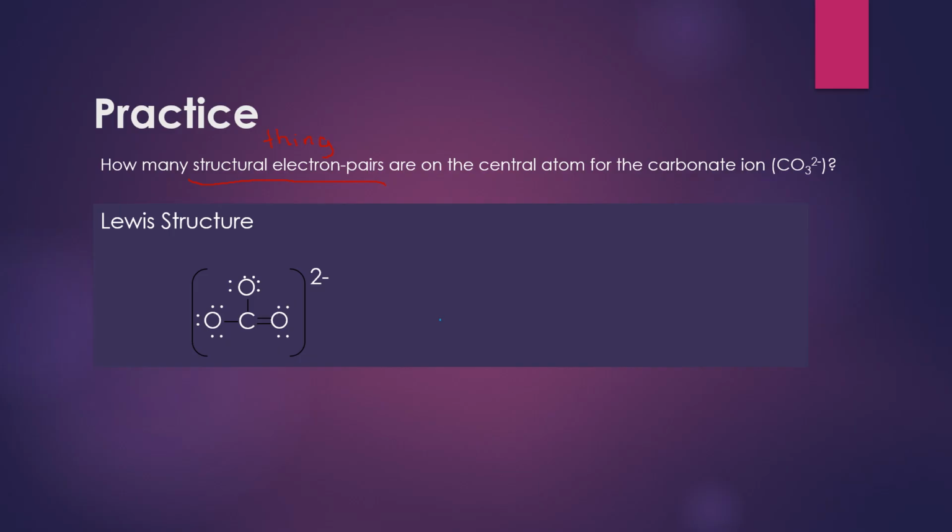Let's count. How many structural electron pairs are around the central atom? Well, we have 1, 2, 3. So it looks like we have 3 atoms. So for the bonding electron pairs, there are 3, because all bonding electron pairs means is how many atoms. It does not matter that one of those bonds is a double bond.